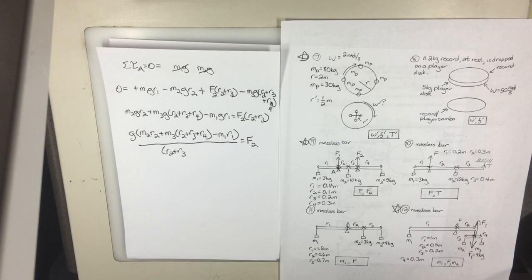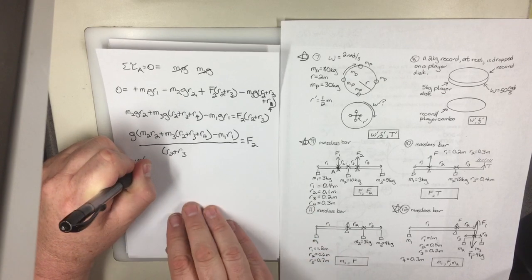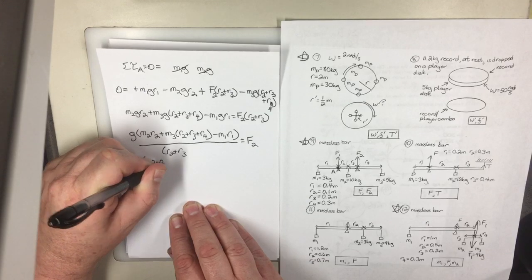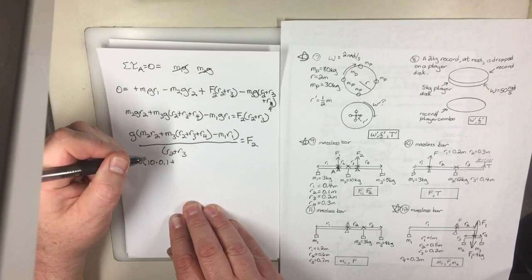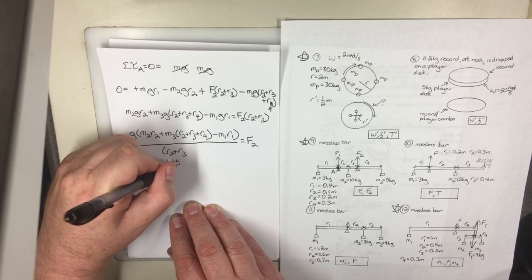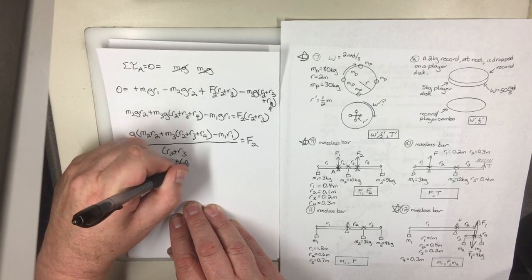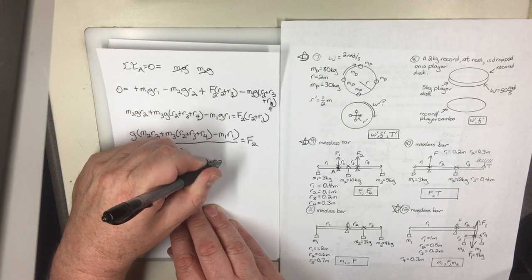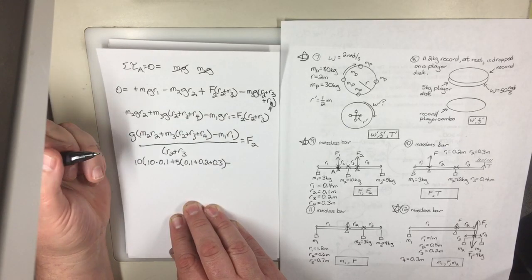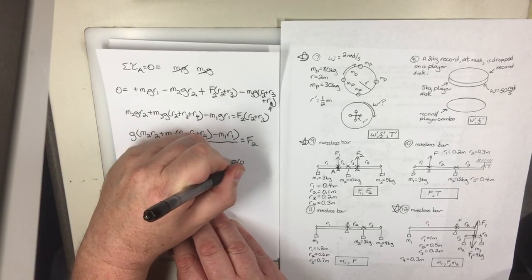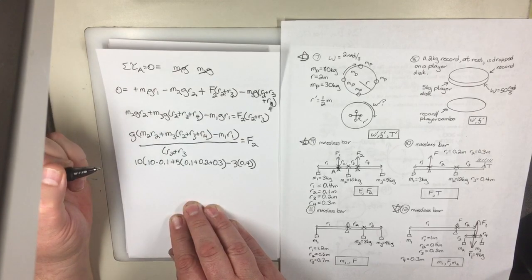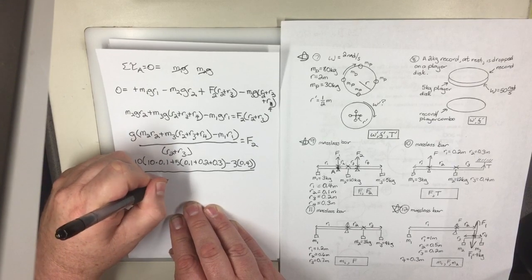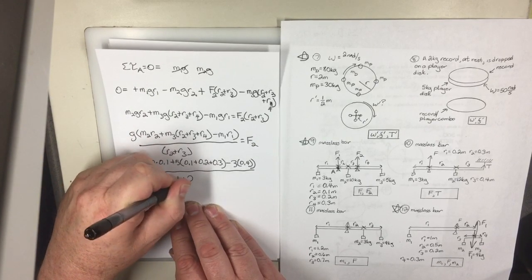Now we may plug and chug. G is 10, M2 is 10, R2 is 0.1, M3 is 5, R2 is 0.1, plus 0.2, plus 0.3, minus M1 is 3, R1 is 0.4, all over 0.1 plus 0.2.